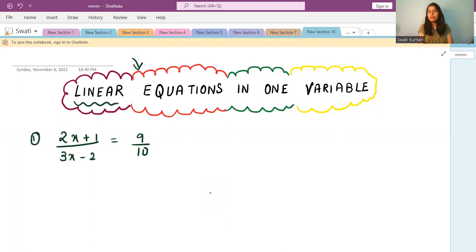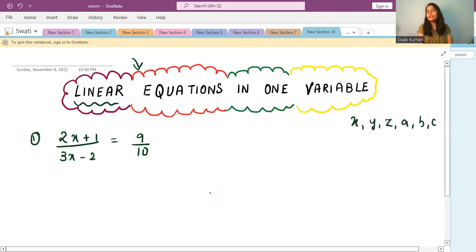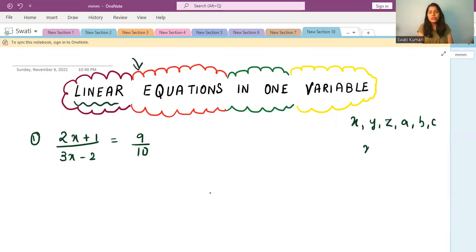That means there will be only variables of the form x, y, z, a, b, c, and the degree is 1 every time. That is the meaning of linear. We are not going to deal here with x square, y cube, z square, etc. We are only going to cover linear terms, so the degree is 1.